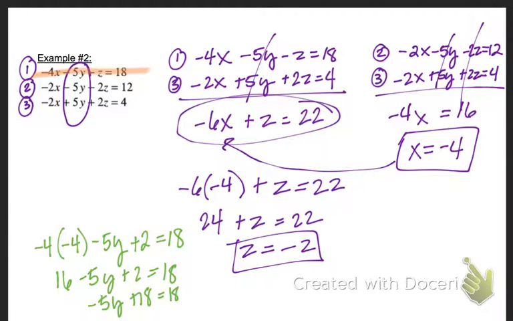And it ends up being 0 because the 18s cancel. -5y equals 0. Anything divided by 0 is just 0. So my final answer would be an ordered trio, right? So -4, 0, -2.